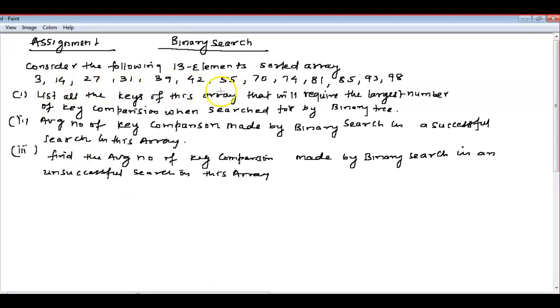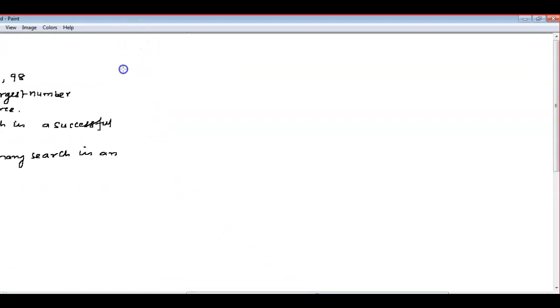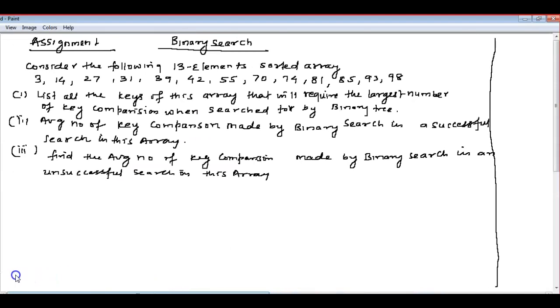you have to construct the binary tree first. So how will you write it here? First, whatever is given here, 3, 14, 27, write it in ascending order.